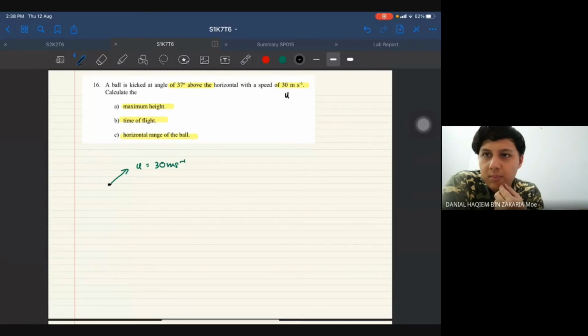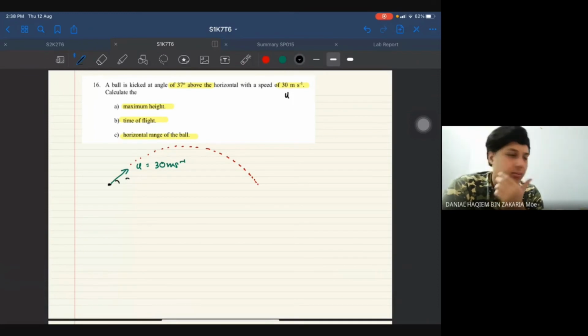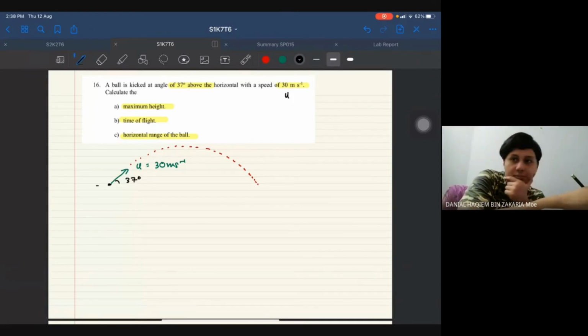And then the path tu will look something like this. Okay. Dan kita ada angle, jangan lupa. Angle tu adalah 37 degrees. Okay. So far you guys okay with this?